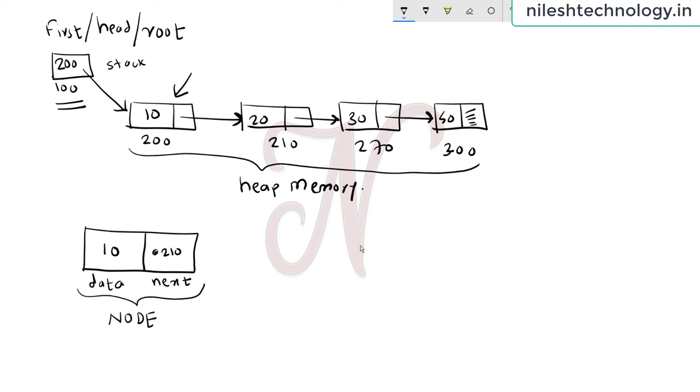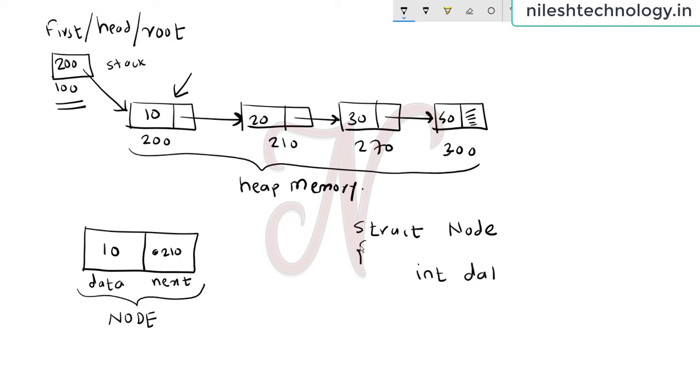So here we create one structure. There is the struct keyword, then the structure name is node. In that structure there are two members.